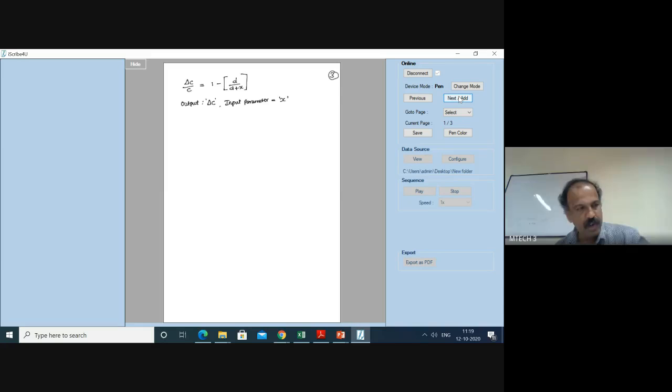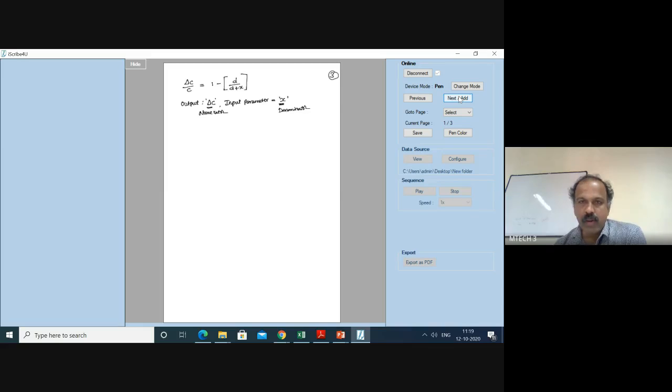Understanding, right? Good. Now the output is delta C, and the input parameter is X. Where is delta C going to be? Delta C is going to be in the numerator. X is going to be in the denominator.